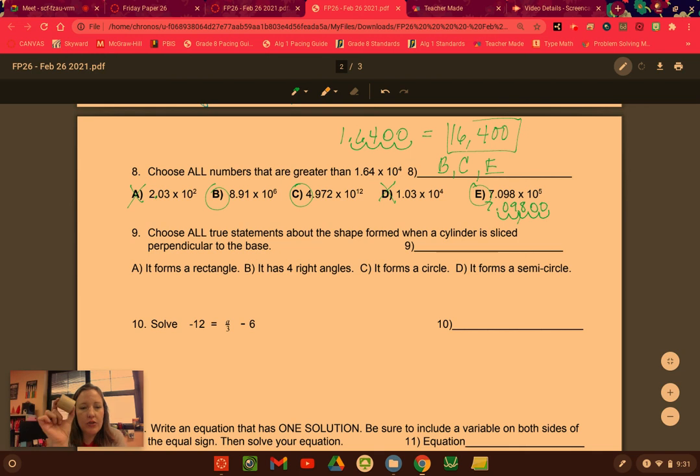Okay, so this says choose all the true statements about the shape formed when a cylinder is sliced perpendicular to the base. Okay, so I'm holding it like this. So does that mean this curved side is the base? What's the base of a cylinder? What does that word base mean?